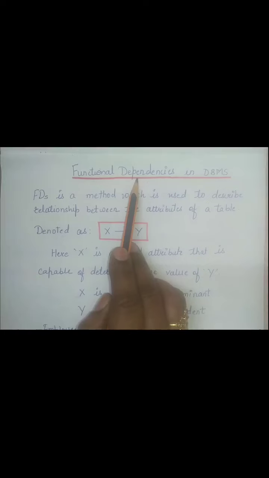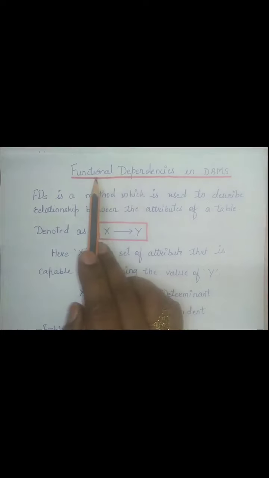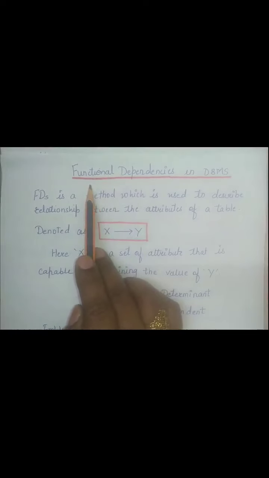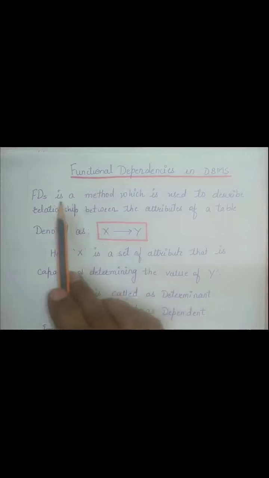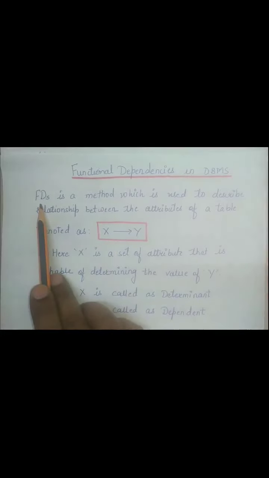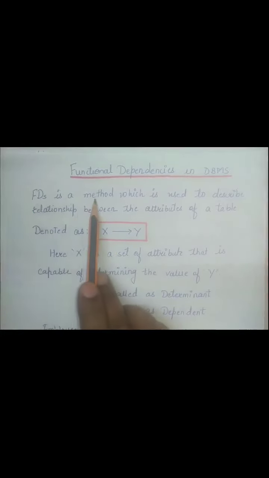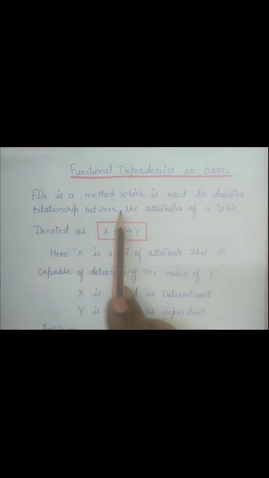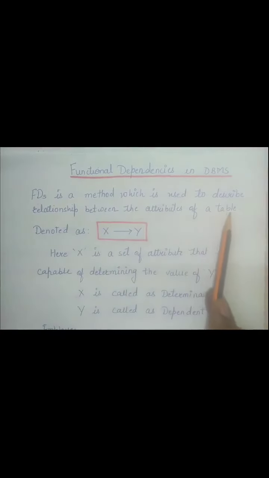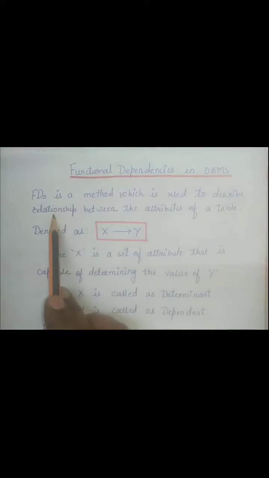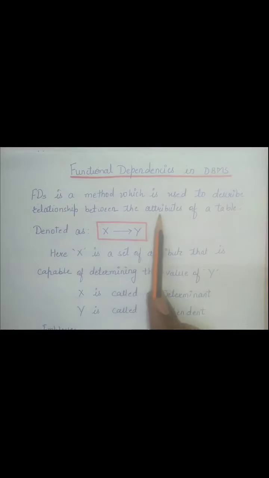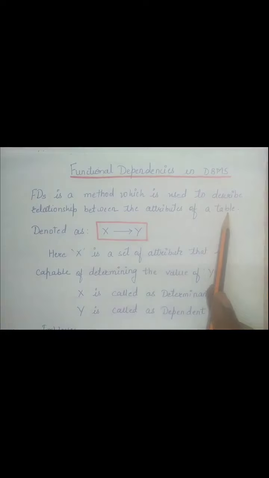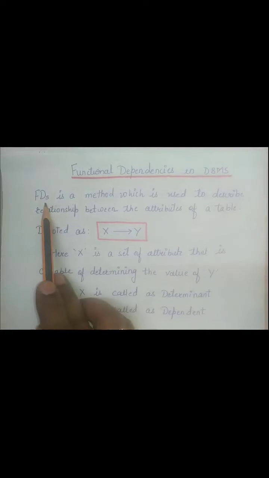To study normalization, we must first have knowledge of functional dependencies. So what is functional dependency? It is nothing but a method used to describe the relationship between the attributes of a table. To describe the relationship between the attributes of a table, we make use of functional dependency.